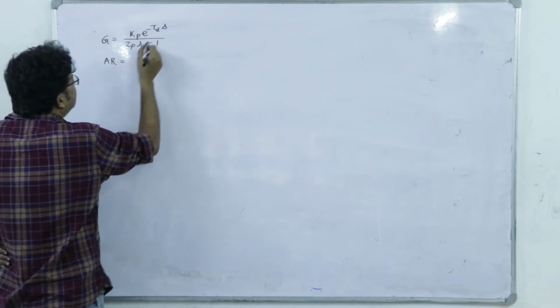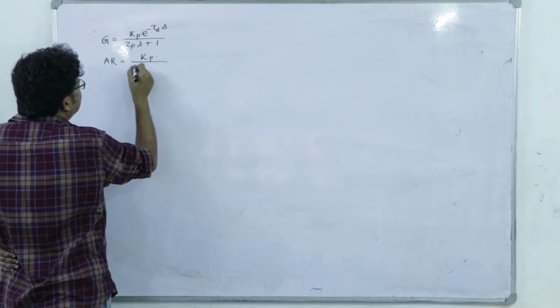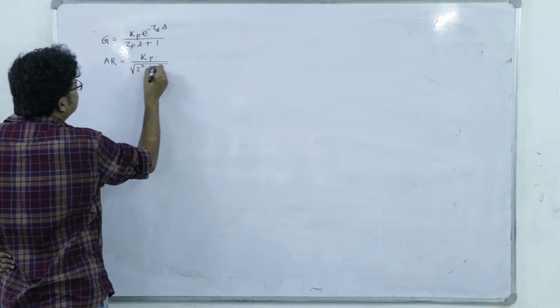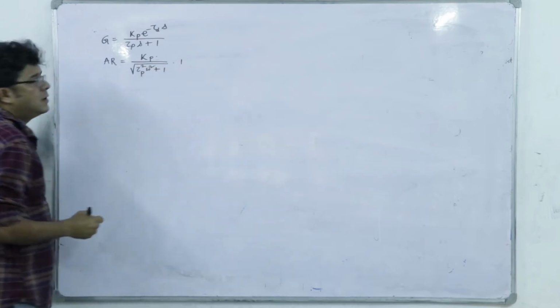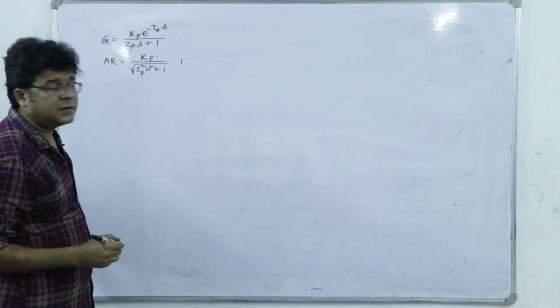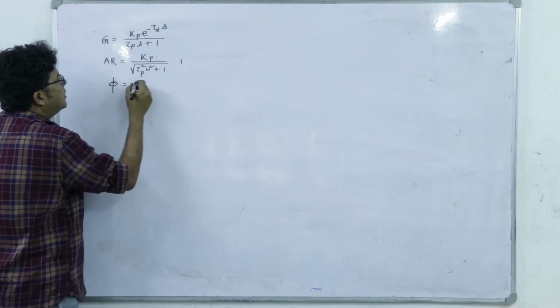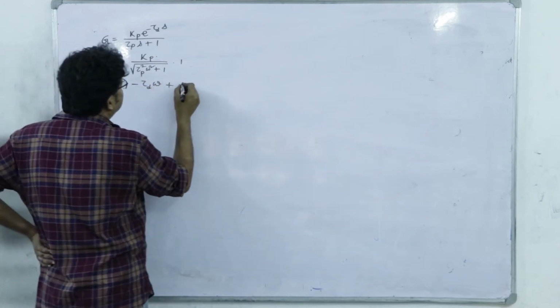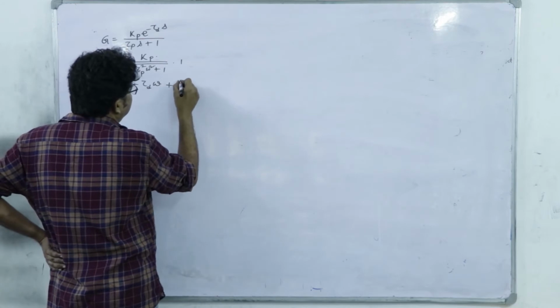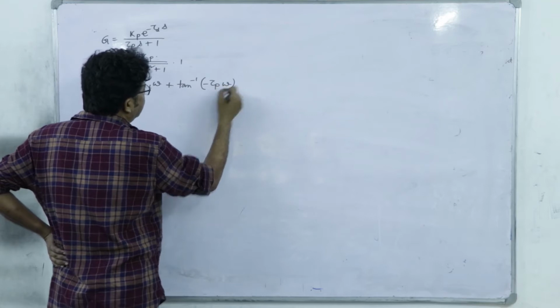the amplitude ratio becomes Kp into 1 divided by the square root of tau p square omega square plus 1, multiplied by 1, because the dead time has an amplitude ratio equal to 1. And phi, as we have solved in the previous problem, is minus tau d omega plus tan inverse of minus tau p omega.